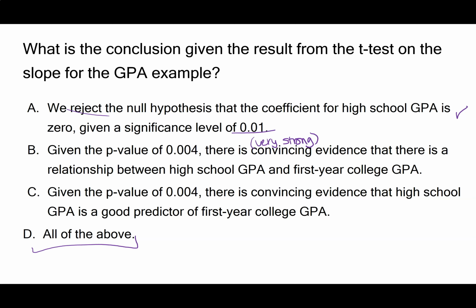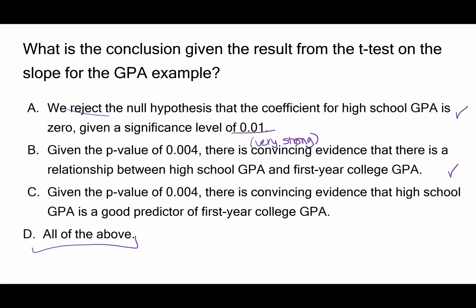Evidence that there is a relationship between high school GPA and first year college GPA. So given our p-value, we have very strong evidence there is a relationship that high school GPA helps predict first year college GPA. And then I would argue, yes, this is true as well.